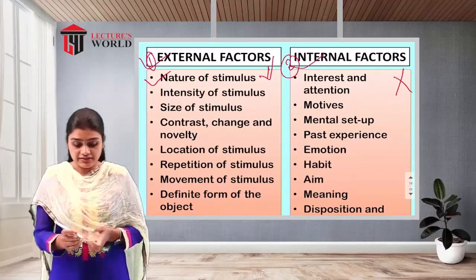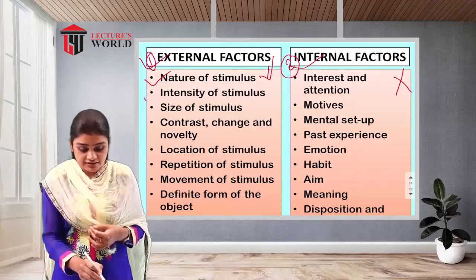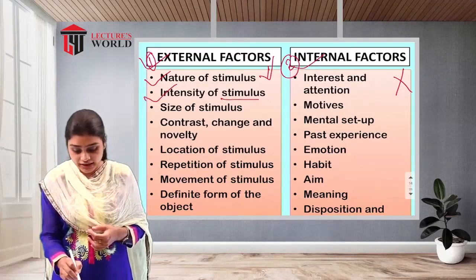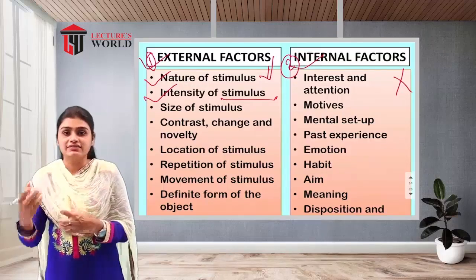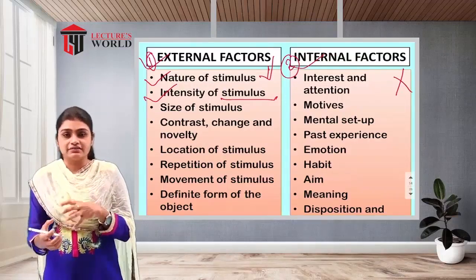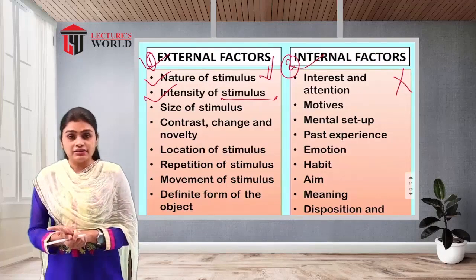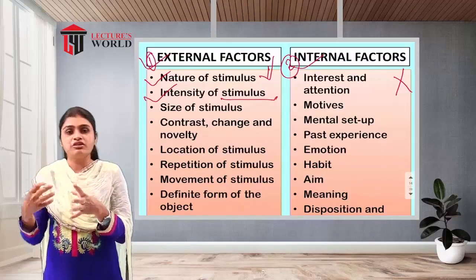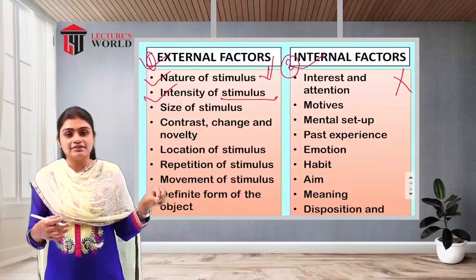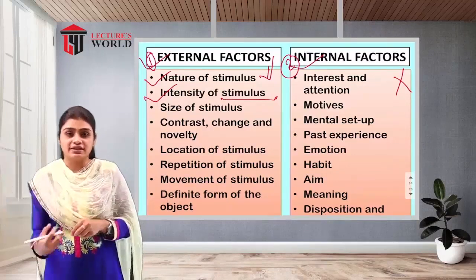The next external factor is intensity of stimulus. Intensity means the activity of that stimulus, how intense it is. As we know, intensity is measured in terms of low, mild, moderate or severe intensity.